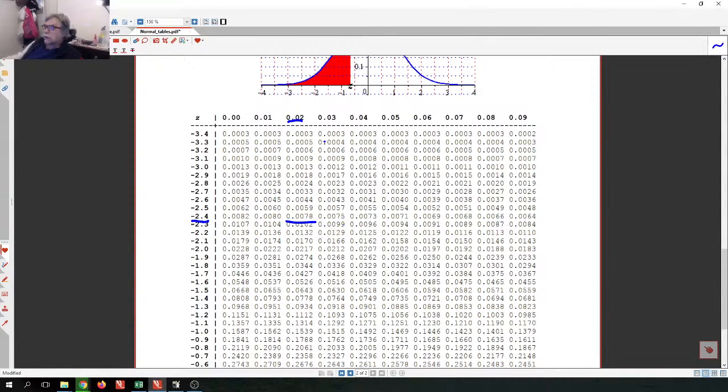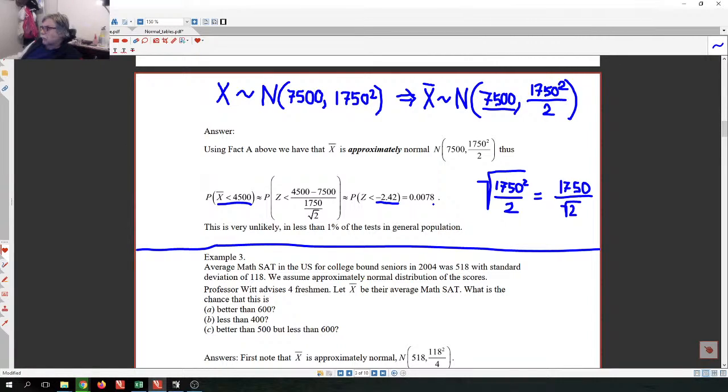Exactly. Okay? So again, the calculator calculation makes a difference. If you approximate, it's 0.0077. So it's a difference of 1% over 1%, which is not much of a difference. In either case, it's less than 1%.